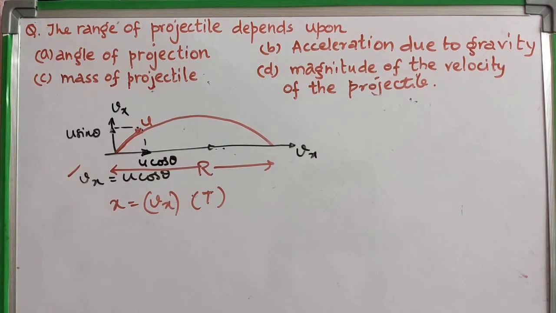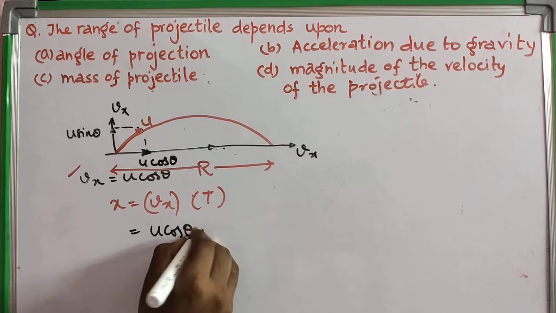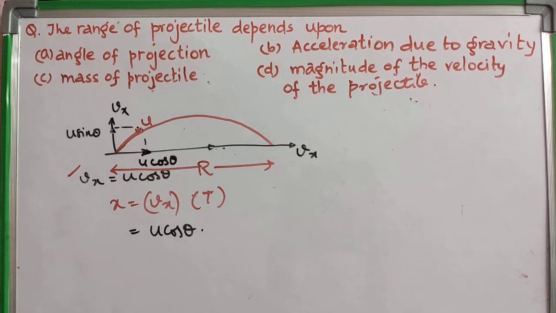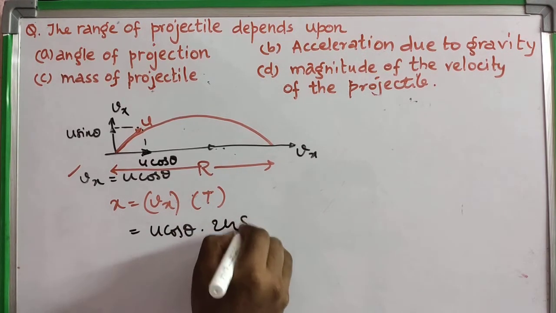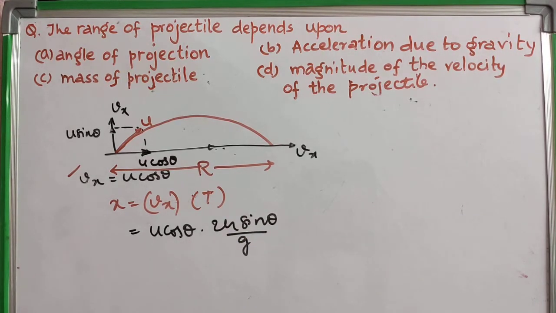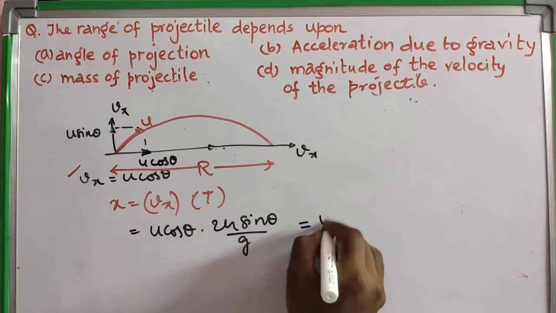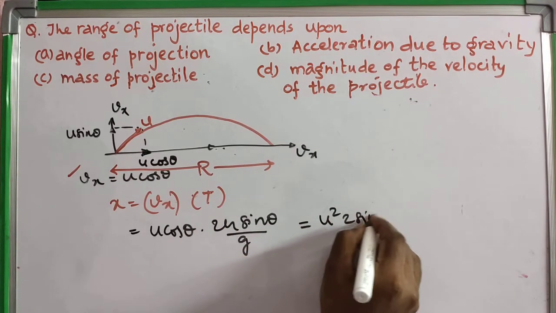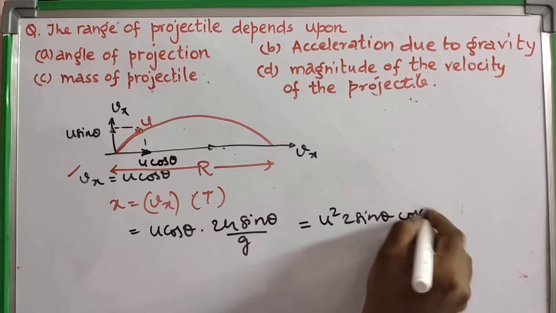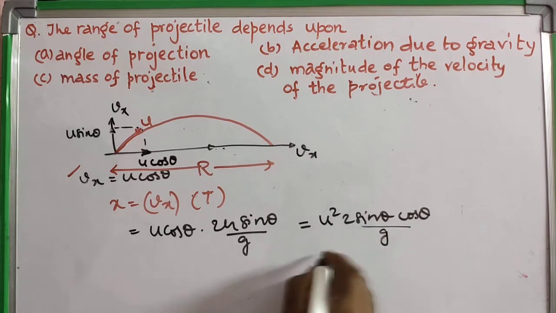Now look here. What is Vx? Vx is equal to u cos theta. What is t from the last video? 2u sin theta by g. Now let me write u square 2 sin theta cos theta by g.